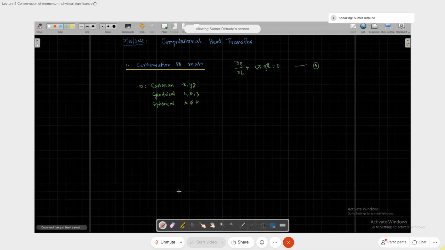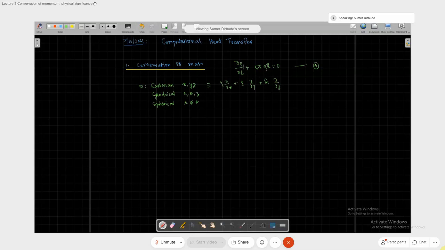So for the Cartesian system, the del operator is defined as ∂/∂x i cap plus j cap ∂/∂y plus k cap ∂/∂z.